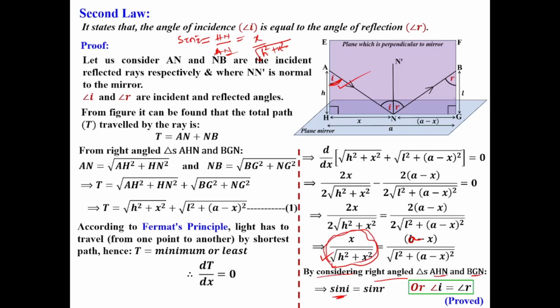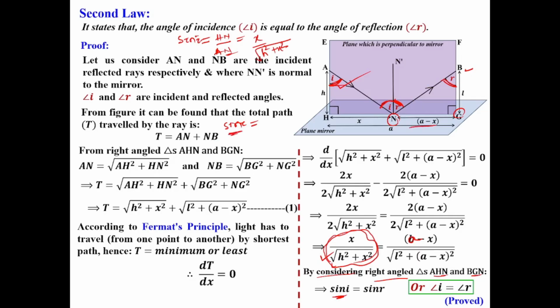Now you just consider the BGN triangle. Here you try to find out sine r. If this angle is your i, obviously this angle will be i. If this angle is your r, this angle also will be r, that we know. Okay, or you can find it easily, no problem. Here sine r will be equal to how much?